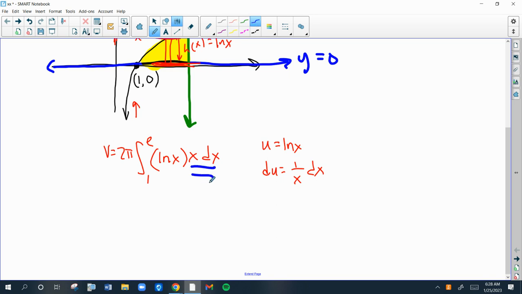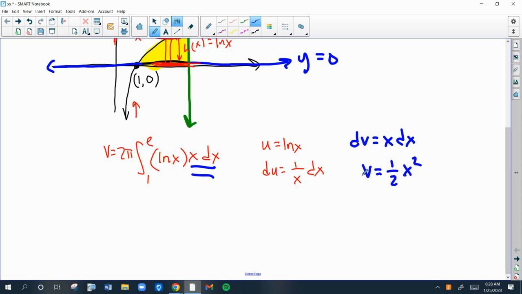Everything else has to be dv, so dv would be x dx, which means when you integrate, v is 1/2 x squared.